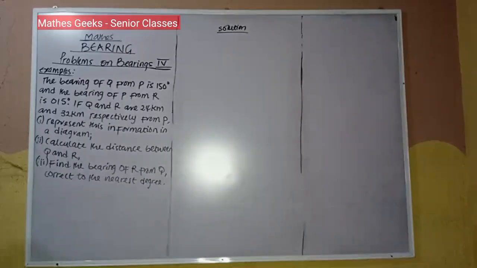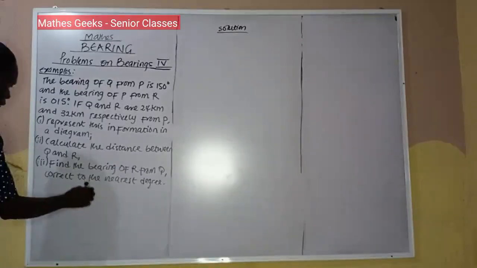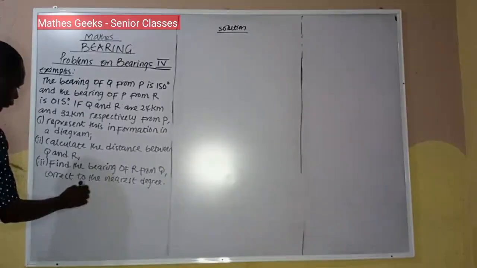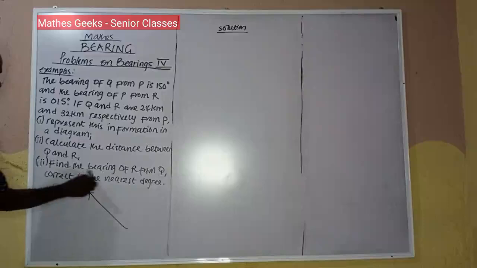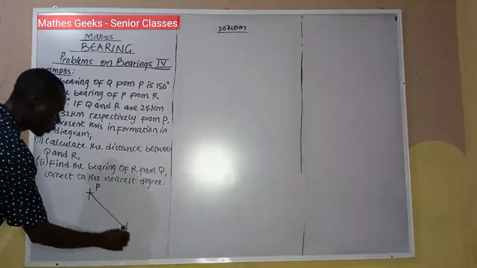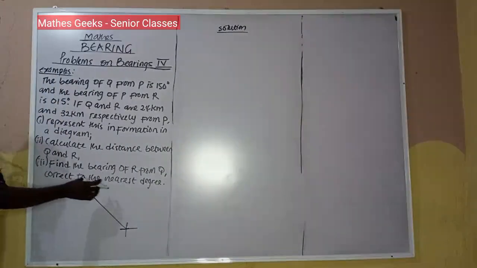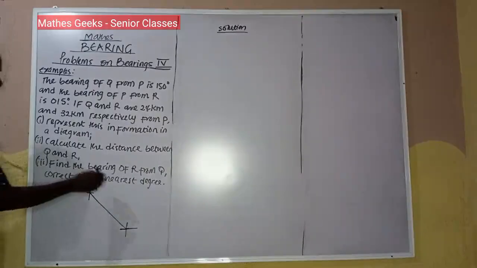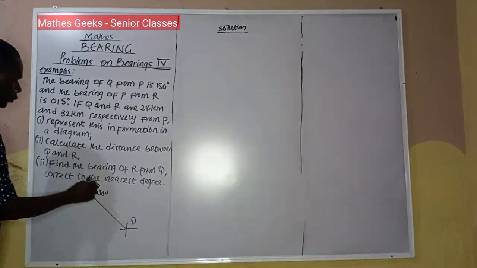The bearing of Q from P is 150 degrees and the bearing of P from R is 0.15 degrees. So the bearing of Q from P is 150 from P. This is P. This is the bearing of Q from P, so this is Q, 150 degrees.